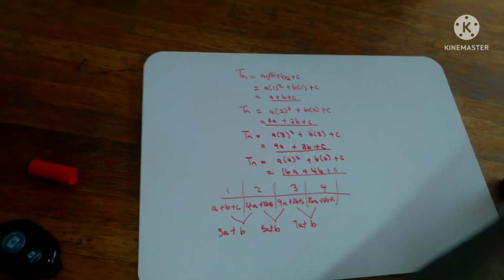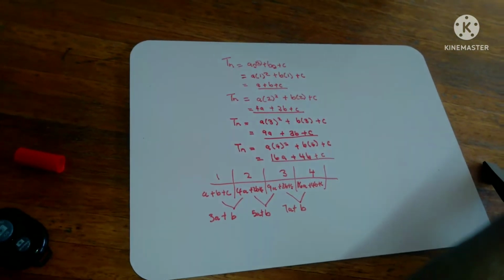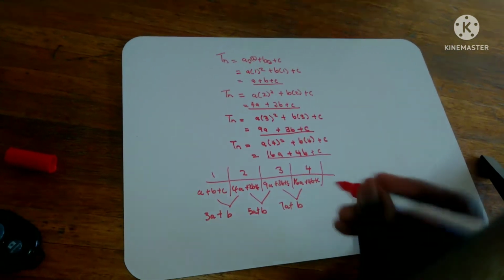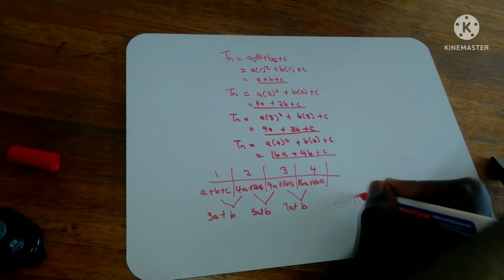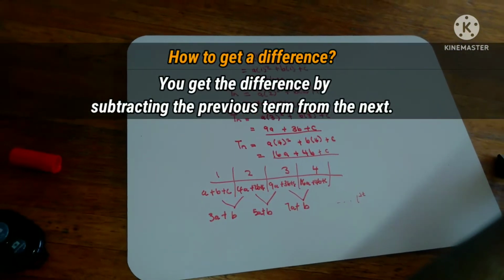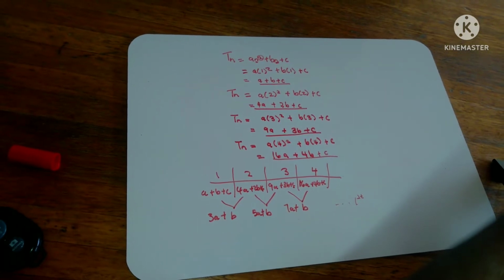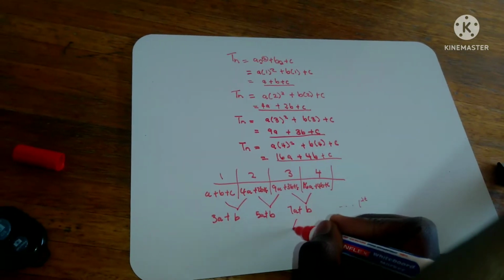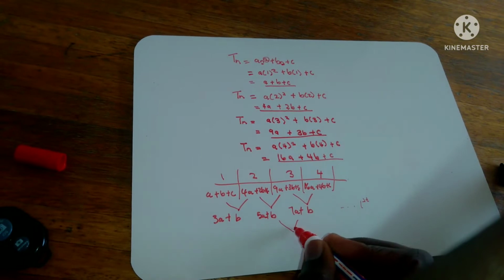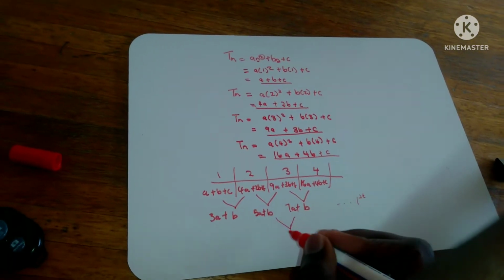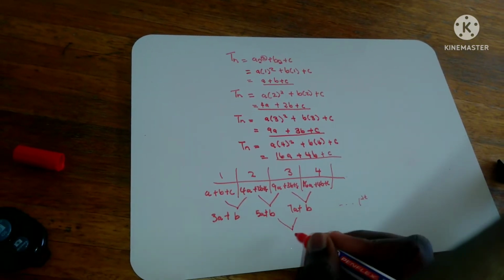So 3a plus b, 5a plus b, 7a plus b. This is our first difference. Since we know that this must be a quadratic equation, we have to find the second difference. b minus b is 0. 7a minus 5a is 2a.